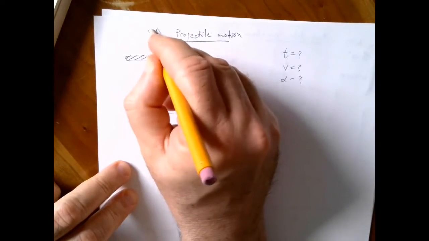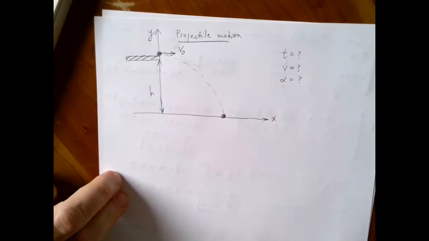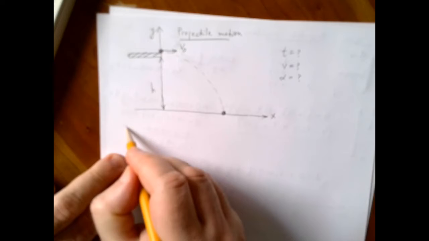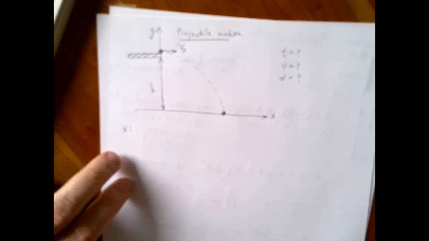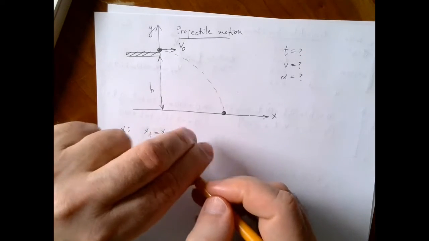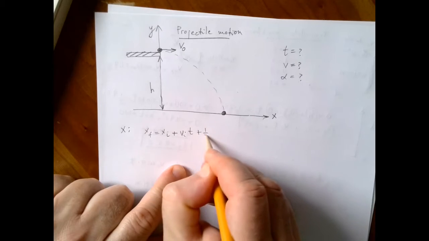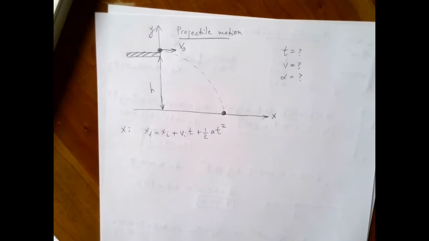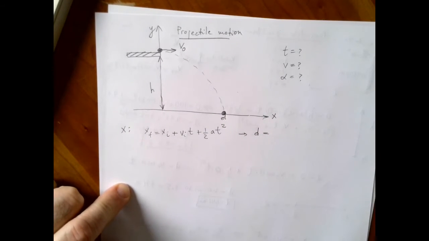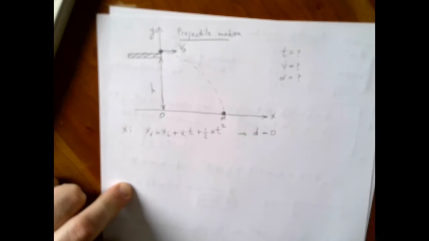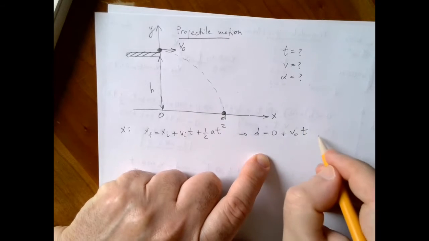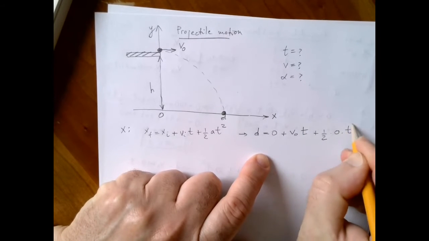We decompose this motion into two motions, one along x and one along y. Along x, our equation that relates position with time can be rewritten as d, being the final position, equals 0, the initial position along x, plus v naught t plus 1/2 times 0 times t squared.